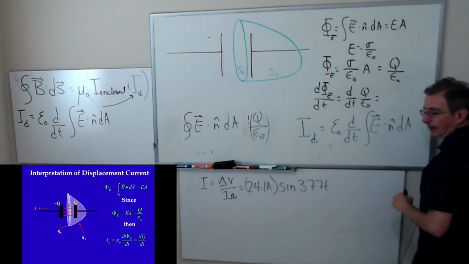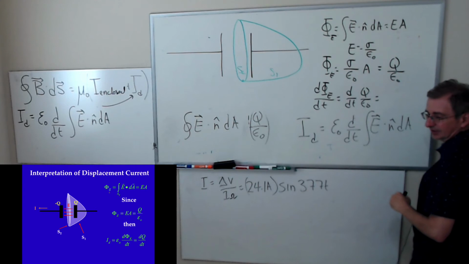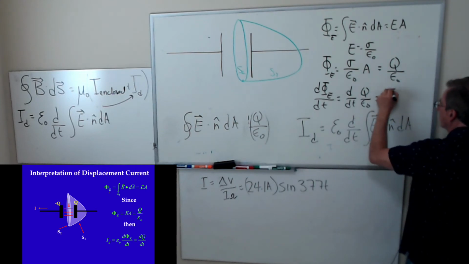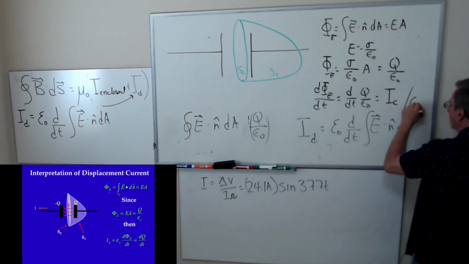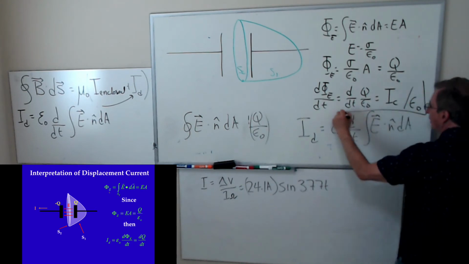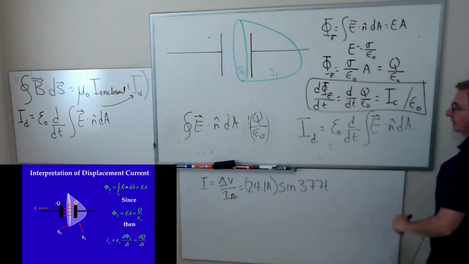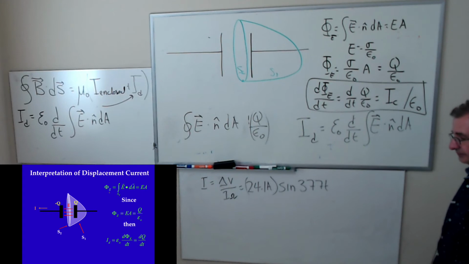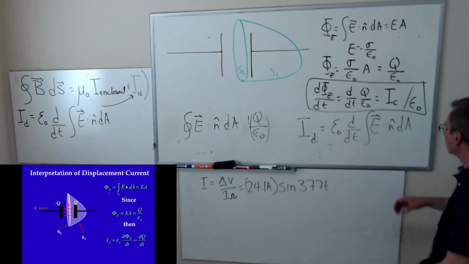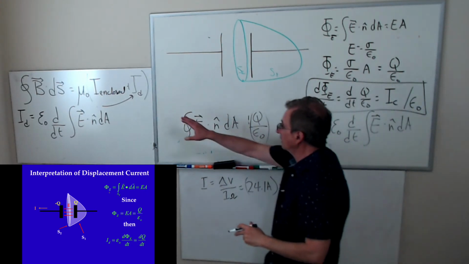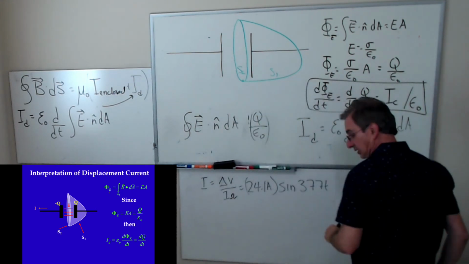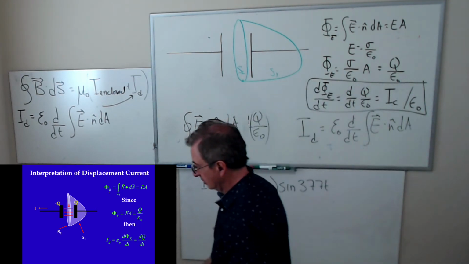What's dq dt? One. Now you take I sub c over epsilon naught. So basically what you have then is the following.